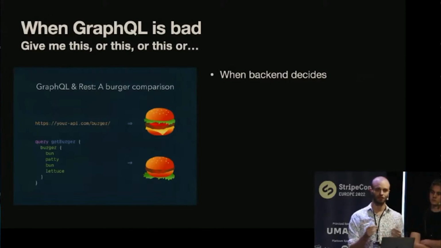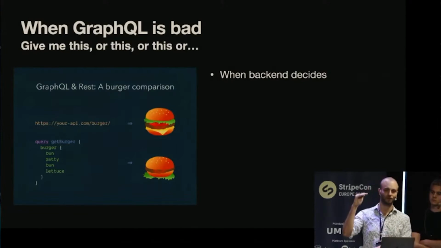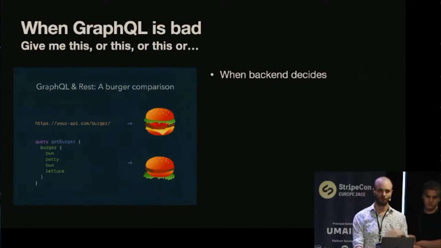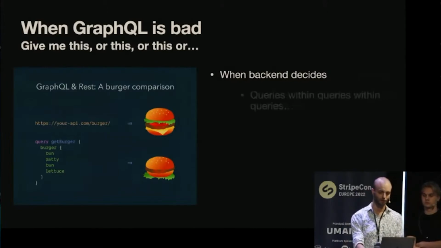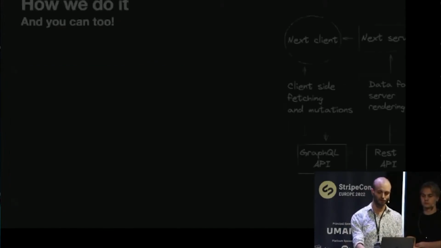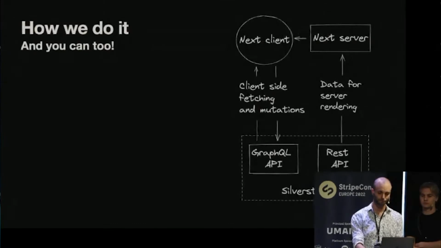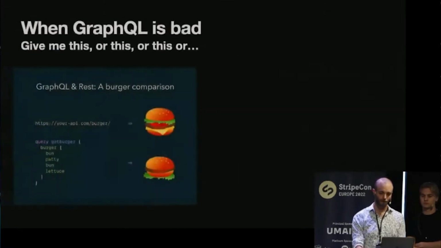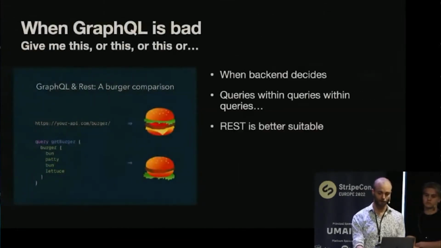So if you have 8 page types and you don't know what the home page type is in the front end, you need to do massive queries every time. And it's just not efficient and not fun for any developer. So we think that REST is probably the better option when you have a structure like this.